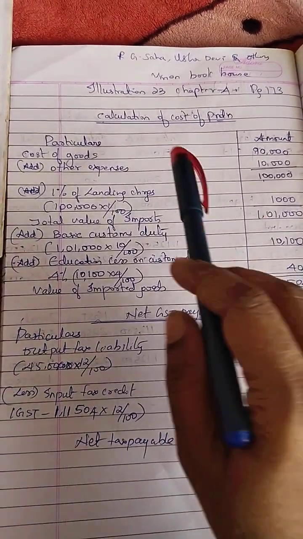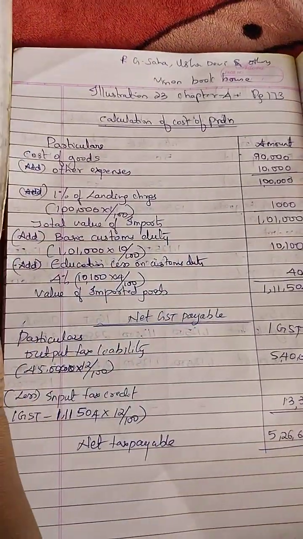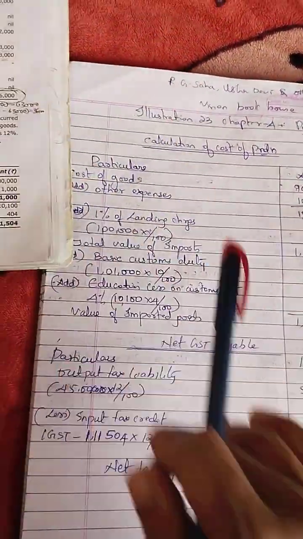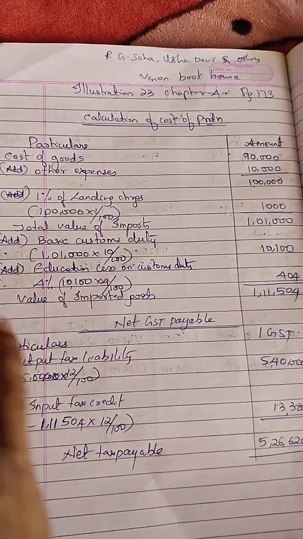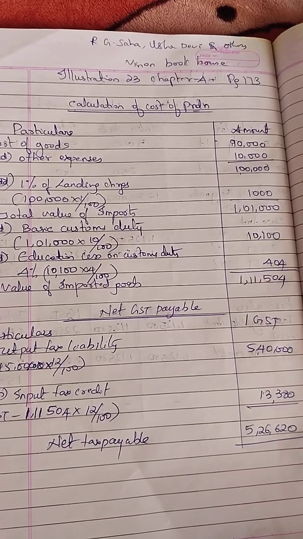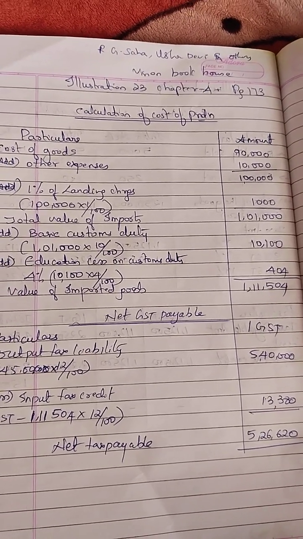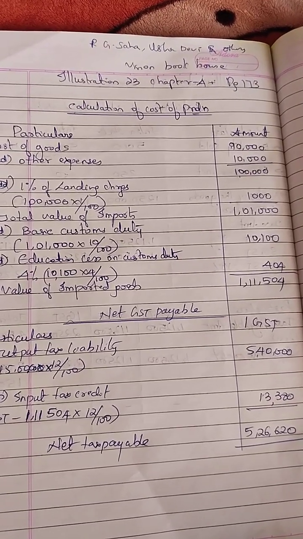Calculation of the cost of production is the first thing that we have to do, as it is told in the problem for us. What is the cost of the goods? The cost of the goods given in the problem is 90,000. Okay, you all can look into the question. So the cost of the goods is 90,000.